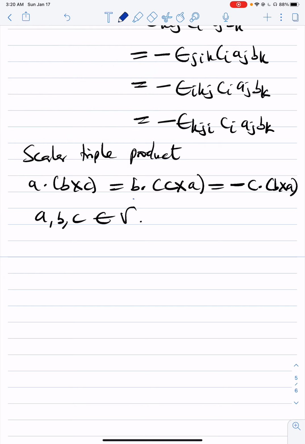If you decide to start with B here, you still follow the order: A, B, C, B, C, A. This expression still holds, but the moment you violate this by interchanging, starting with C instead of A, you introduce your negative sign. So this is one useful expression to know as well.